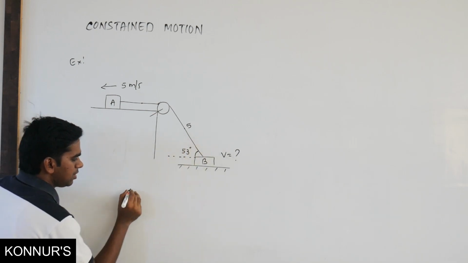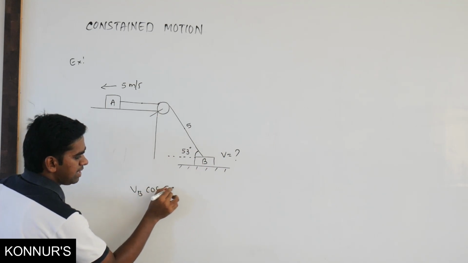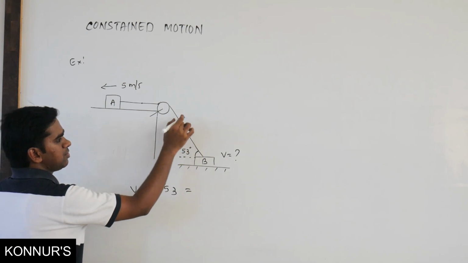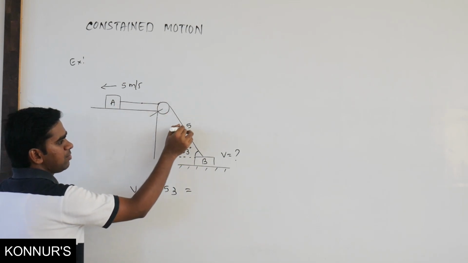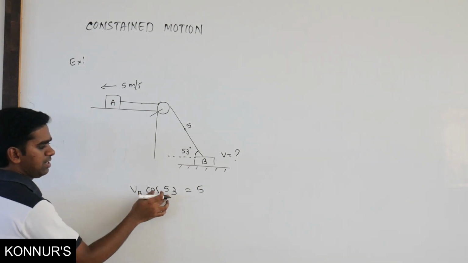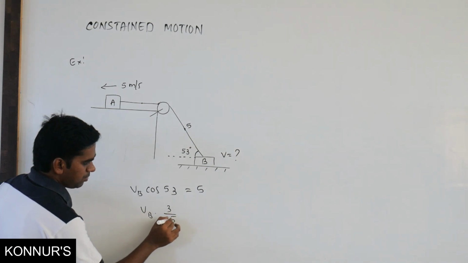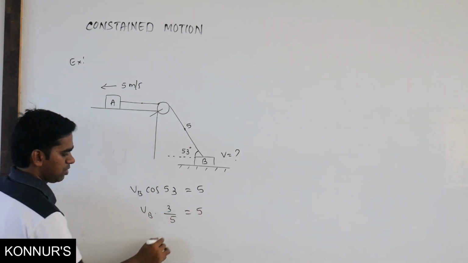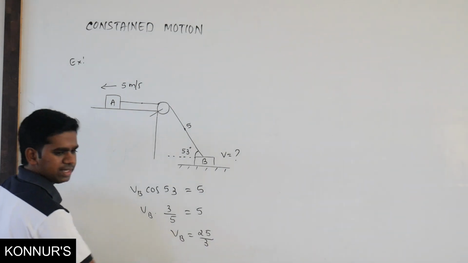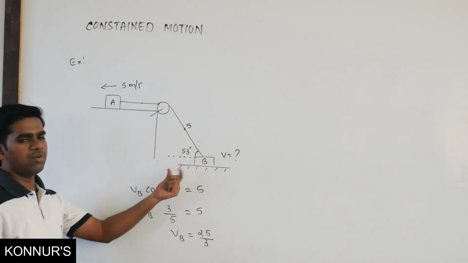Vb cos 53 equals, and on this string the velocity is 5, so I will equate it to 5. What is cos 53? Cos 53 is 3 by 5. So Vb times 3 by 5 equals 5, and you will get Vb equals 25 by 3. This is how we can get the velocity of B.